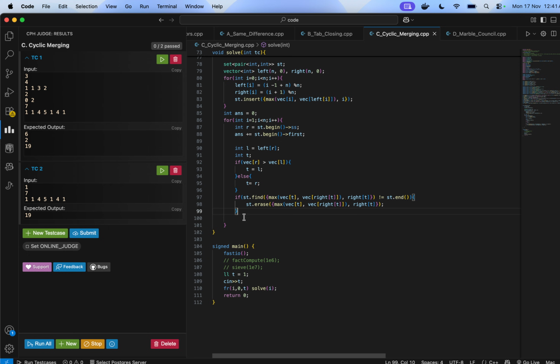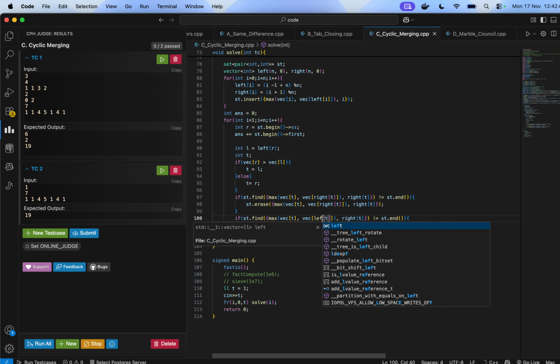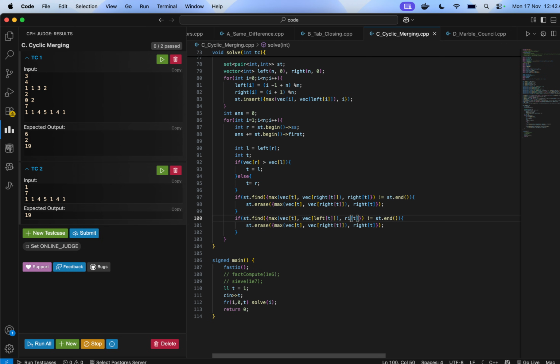Similarly, for the left neighbor. Okay. Now updations are done.